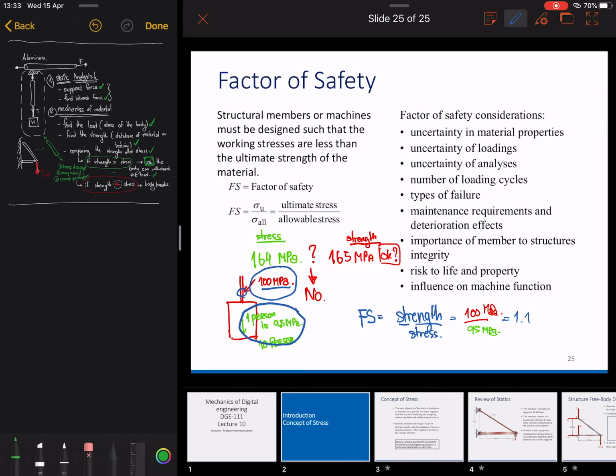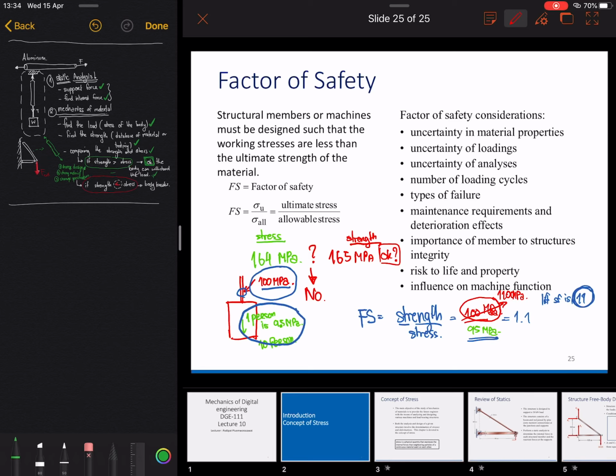No, this 1.1 safety factor is not enough for safety. For example, for the lift, the safety factor SF is 11. It means when you know that your allowable stress is 95, when you design the lift, you have to design it so that the lift can withstand about 1100 megapascal or more.